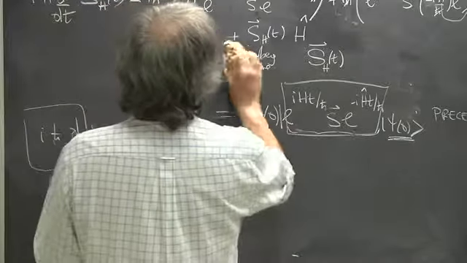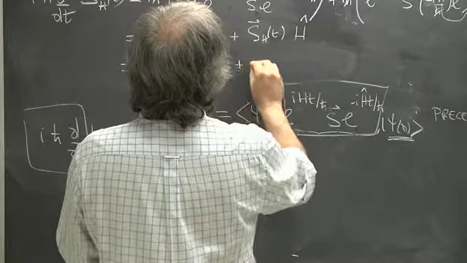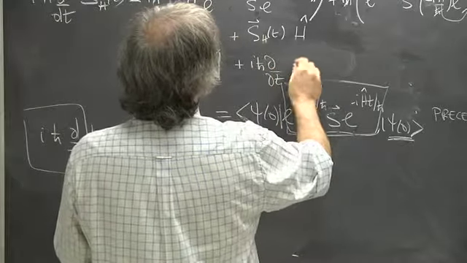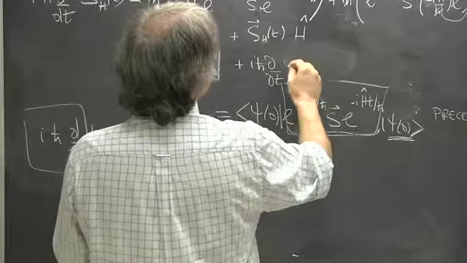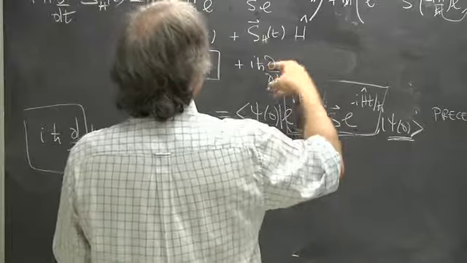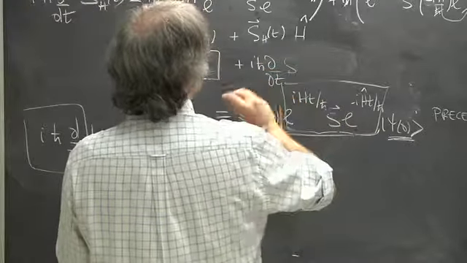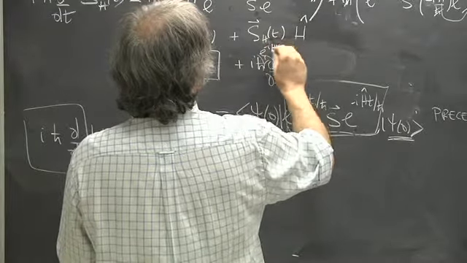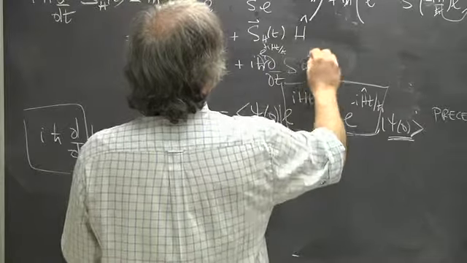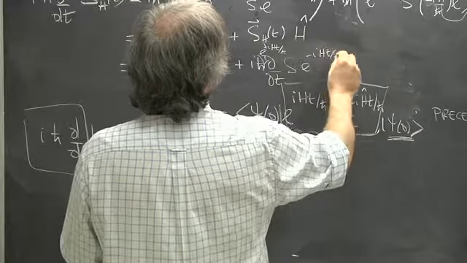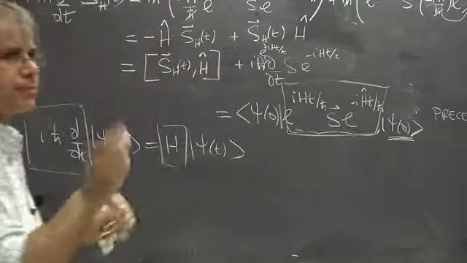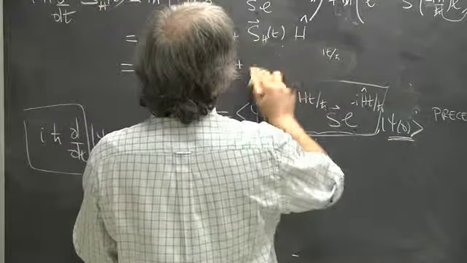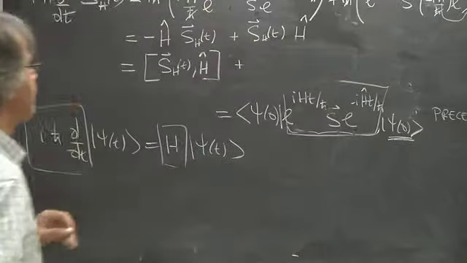Otherwise, I would have another piece, plus i h bar times the explicit time derivative of the operator, essentially, with the two evolution operators in front, so with the e to the minus i H t over h bar and e to the i H t over h bar. This extra piece I'm omitting because the operators I'm considering are just fixed in time.